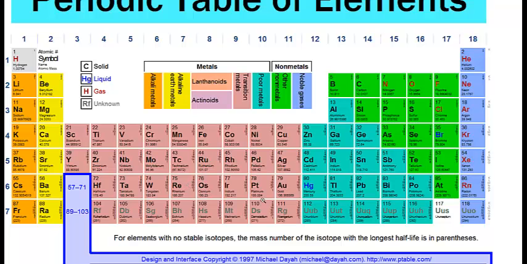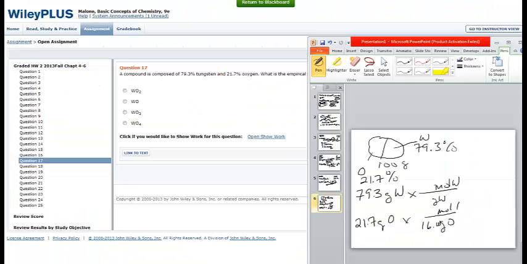I have to check and see what it is for tungsten. So we'll find tungsten right here, and that is 183.84 per 1 mole. And then I have to do that arithmetic, and that will tell me, because I can cancel those units, how many moles of tungsten I have and how many moles of oxygen I have.